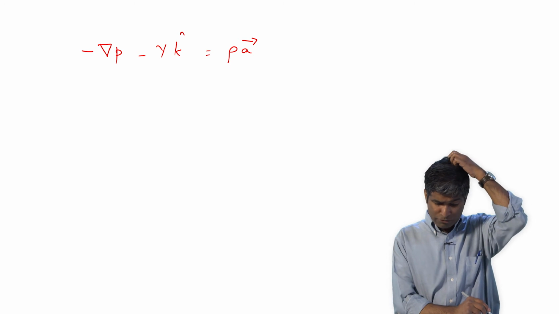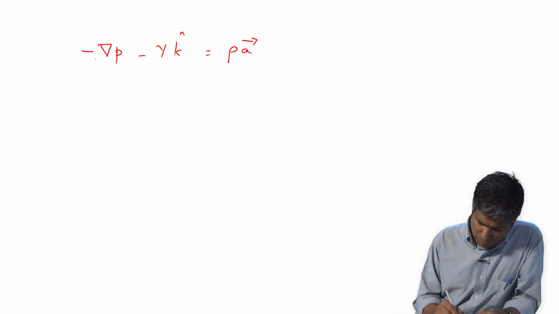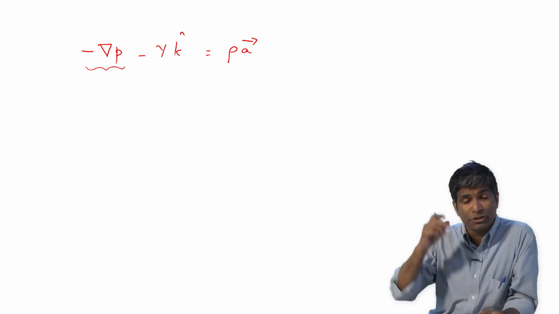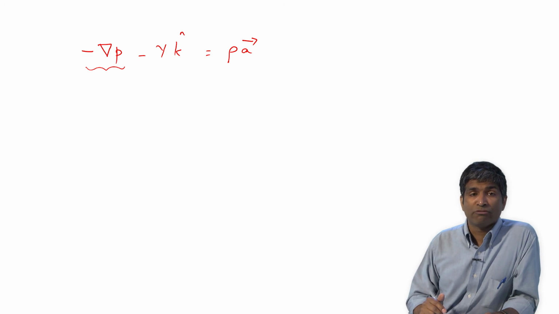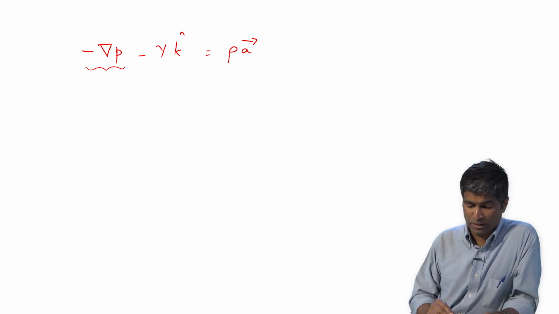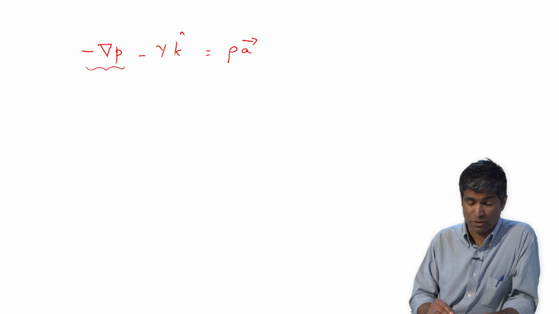And this takes care of all of that, because this, of course, is a vector. The gradient of P, where the pressure is a scalar field, is a vector which has the three components of the pressure gradient.